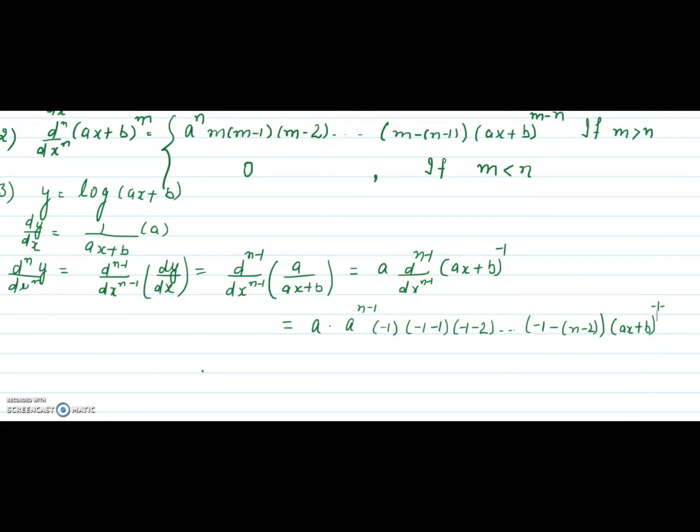because here we don't need to find nth order derivative. We are finding n minus 1 order derivative. So in place of n, we will write n minus 1.